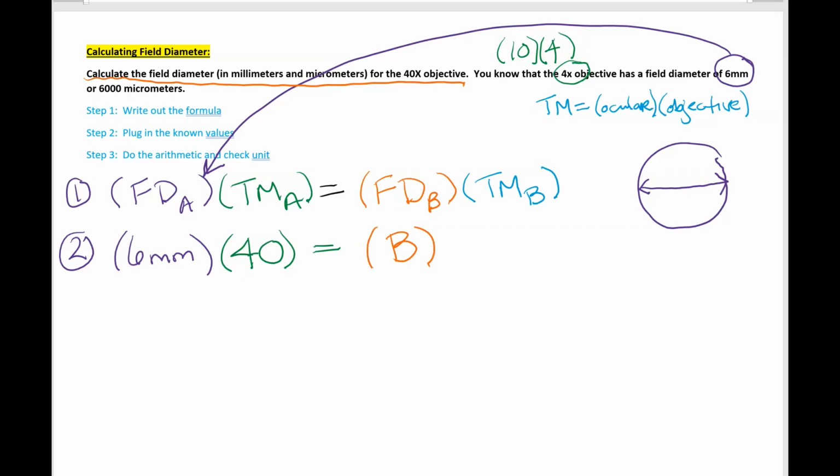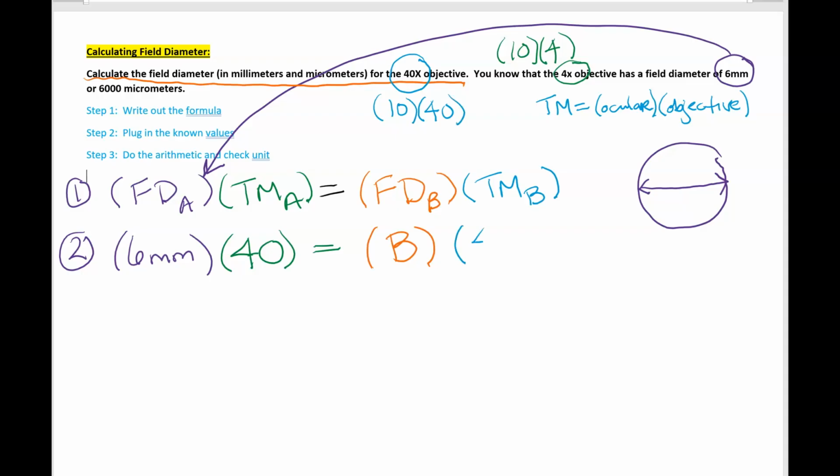And just like we did previously, I again remember that total magnification is the product of the ocular lens's magnification times the objective lens's magnification. So I'm going to work with the 40x lens here, and I know that that would be 10 times 40.